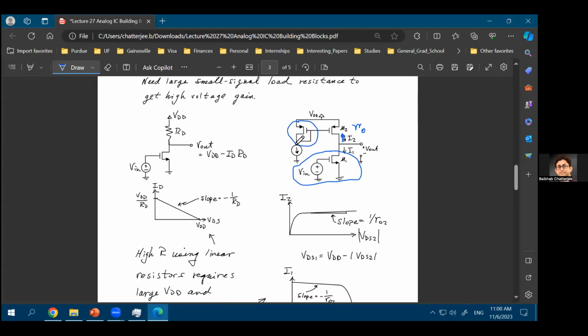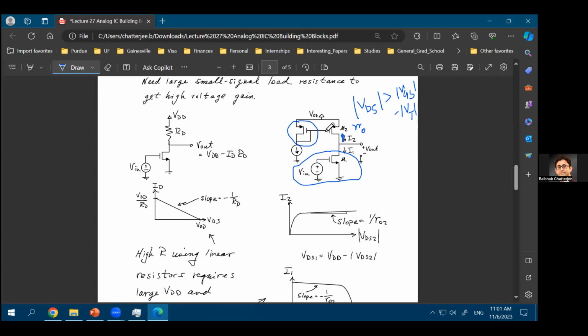For an NMOS, the drain to source voltage is definitely more than VGS minus VT. This will always be true for a diode connected transistor, because for a diode connected transistor, VDS is equal to VGS. And that's what you have over here.